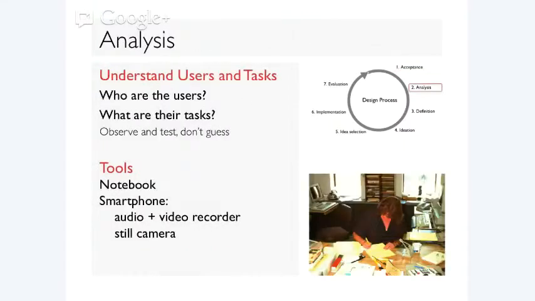All right. Once you've accepted your design problem, the next is analysis. So you have to understand your users and their tasks. Who are they? What are their tasks? And why are they engaging in their tasks? What's the larger function that is being served here? And the number one lesson there is distrust your intuition and don't guess.